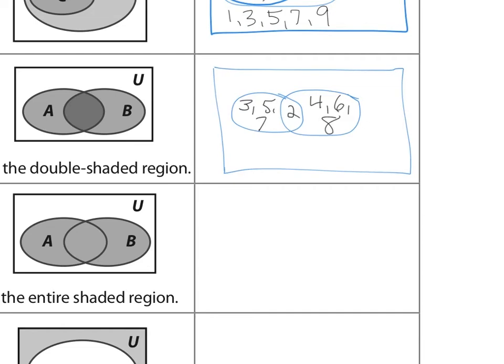Out of our natural numbers we need a 1. We have 2, 3, 4, 5, 6, 7, 8 all taken up. And so the only natural number less than 10 left out of my universal set is 9. So that would be our example Venn diagram for our second part there.